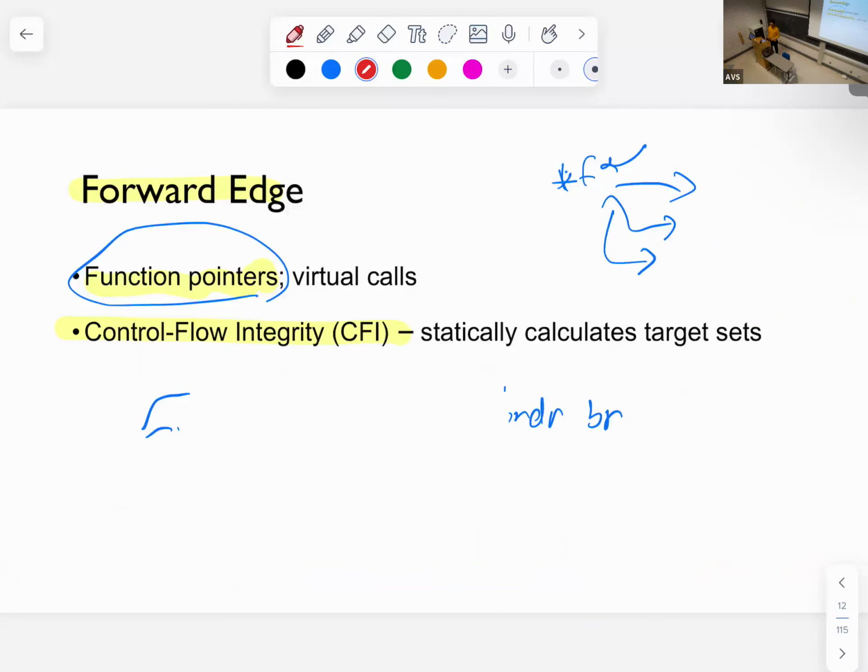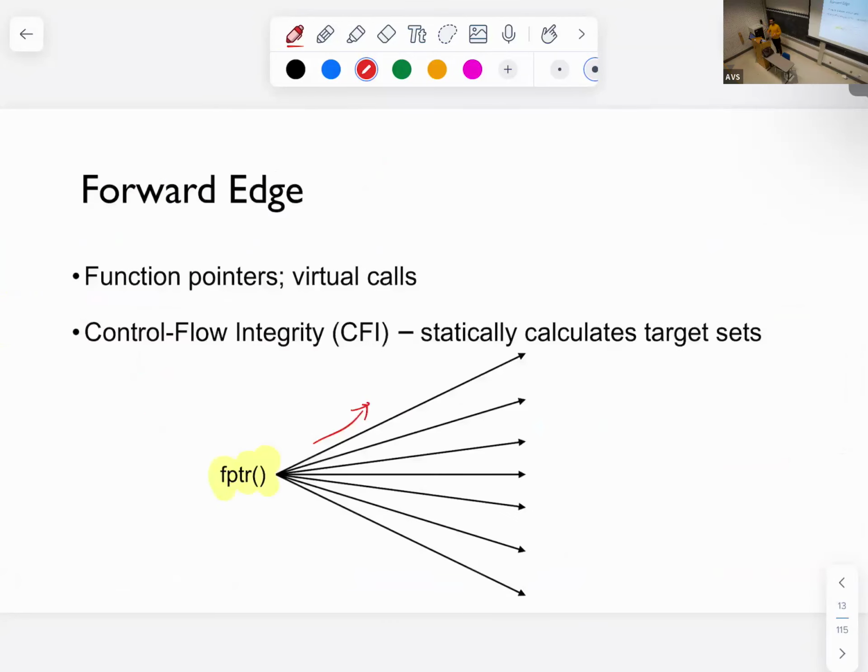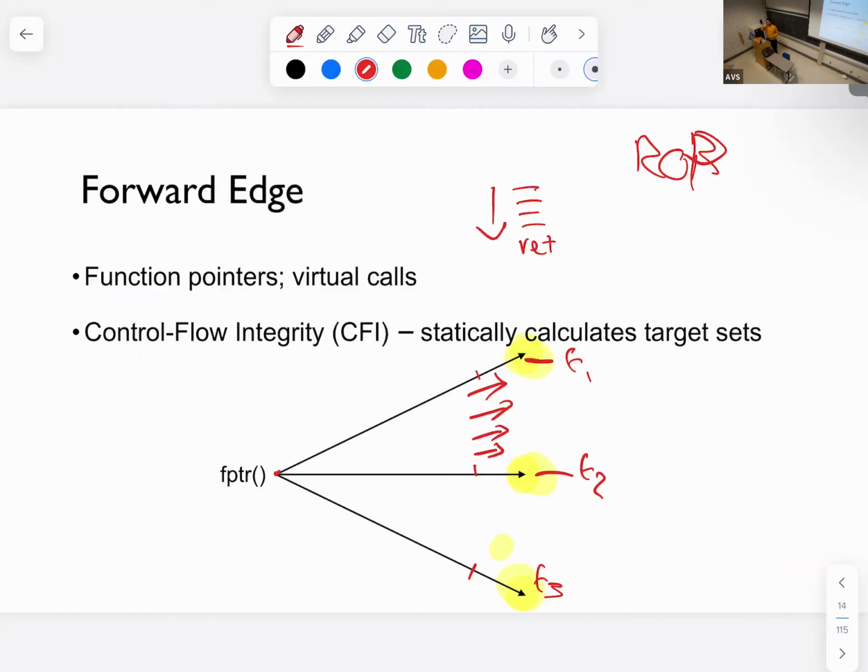We said that there is a forward edge when we are moving forward in the control flow graph, and this is usually some form of a call, function pointer jump, or virtual call. In order to fix this, we usually use CFI. The idea of CFI was pinpointing the possible locations of a call, and then limiting the system to only go to those specific places.